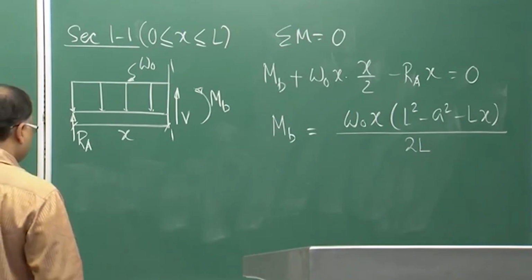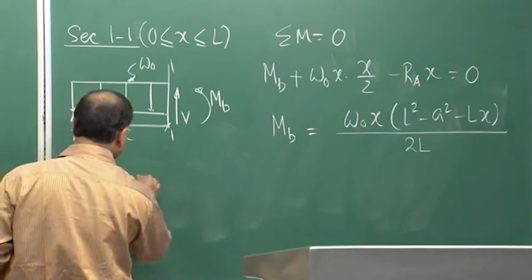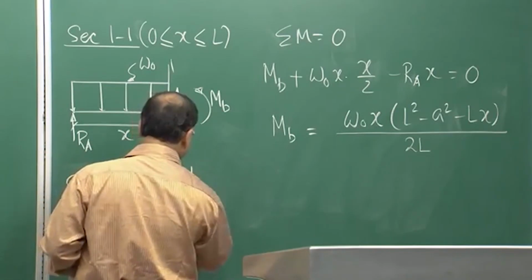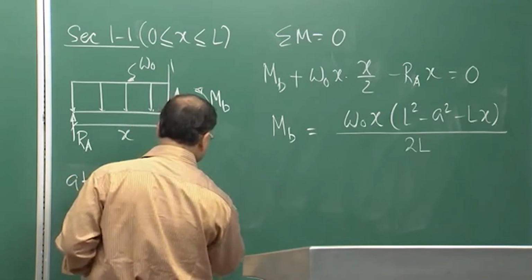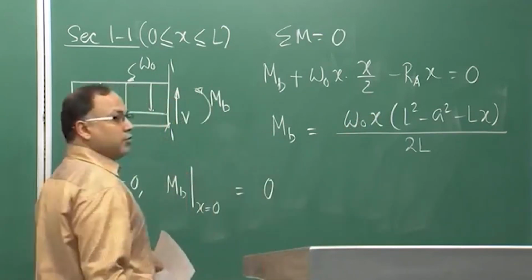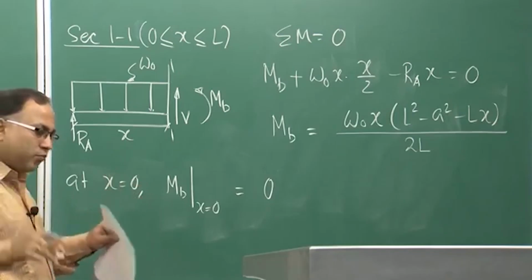Okay. So, at x equal to 0, your M B is equal to 0 from this expression. Fine. We are going to find out the bending moment at two extreme points.